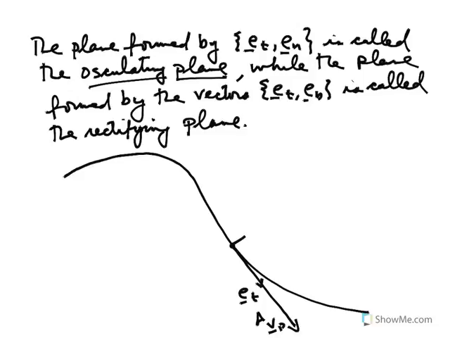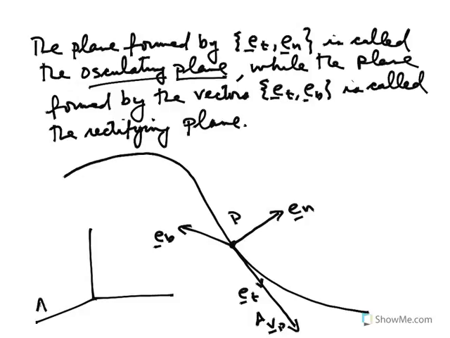This direction is the principal unit normal, and the cross product between them is the principal unit binormal. And then once again, for completeness, I can lay down this reference frame, which has this point O, and I have the vector from O to P, which is the position of P relative to O, and O is fixed in A.